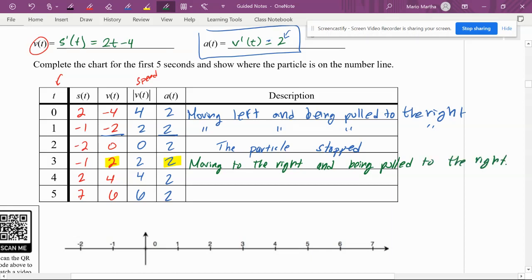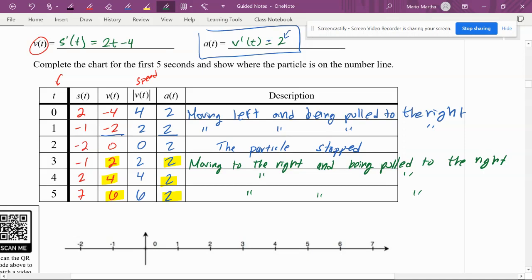All right. And then the next two, same thing. We're looking at the same type of situation. These are positive, so therefore it's the same behavior: moving to the right and being pulled to the right. Make sure you guys keep notes of that.